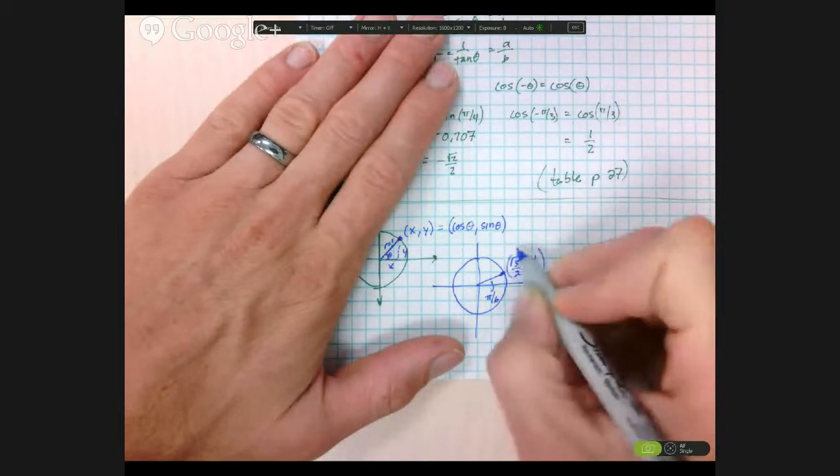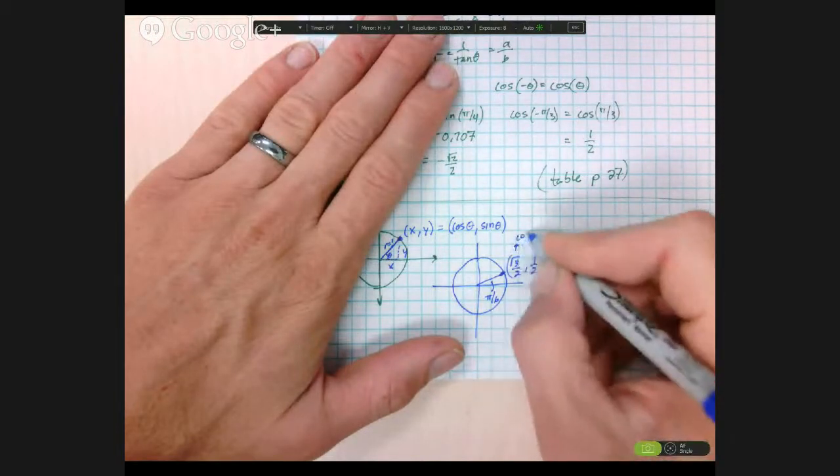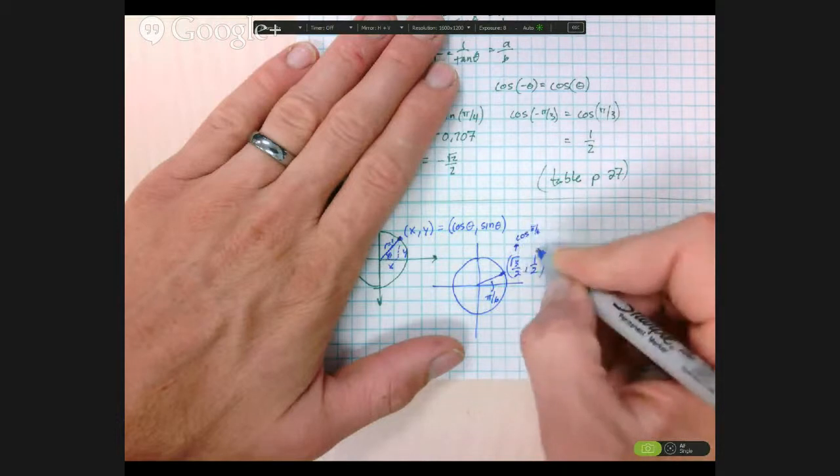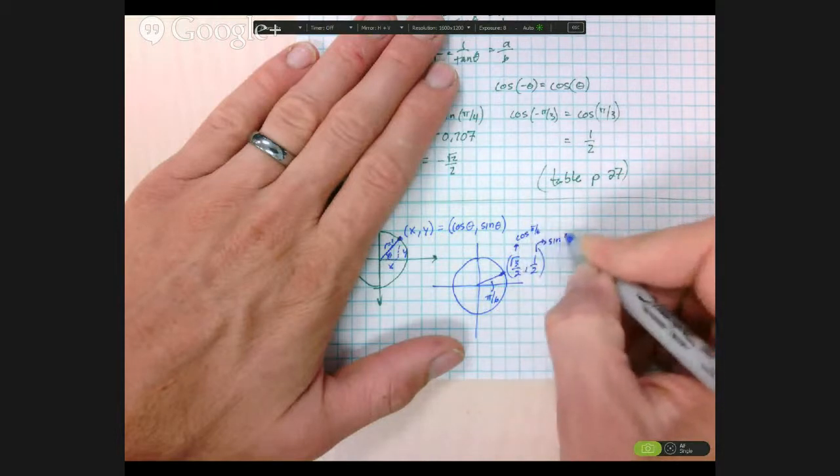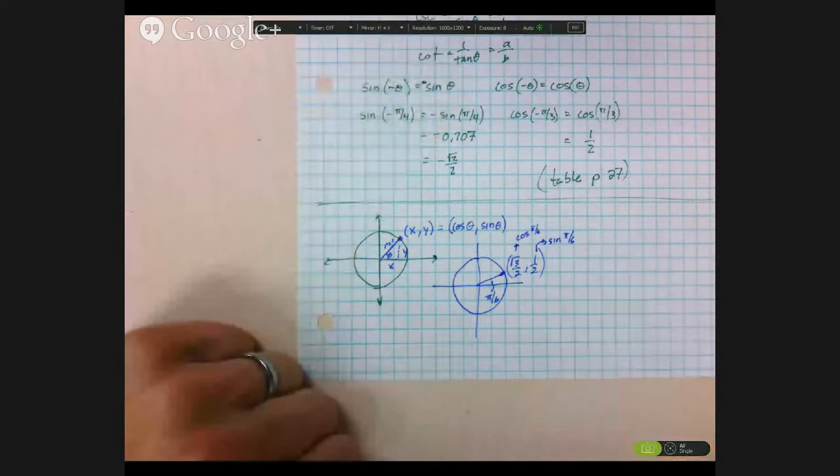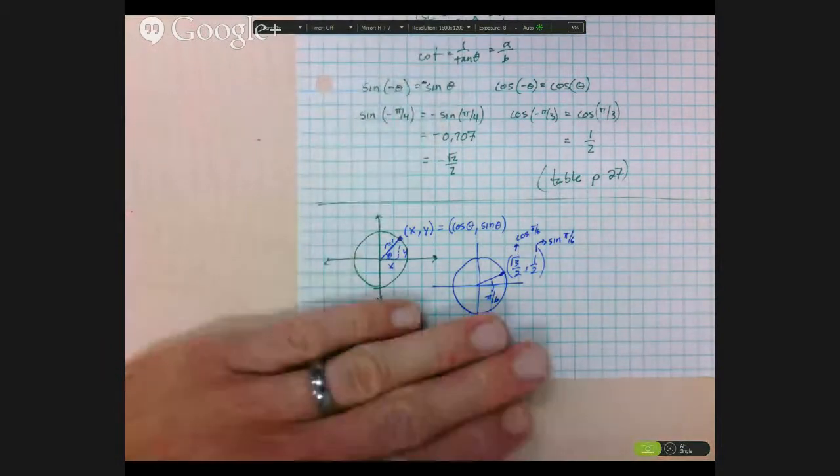So this is cosine pi over 6. This is sine pi over 6. Okay, you can punch that in your calculator if you need to, but you're not always going to have it available.